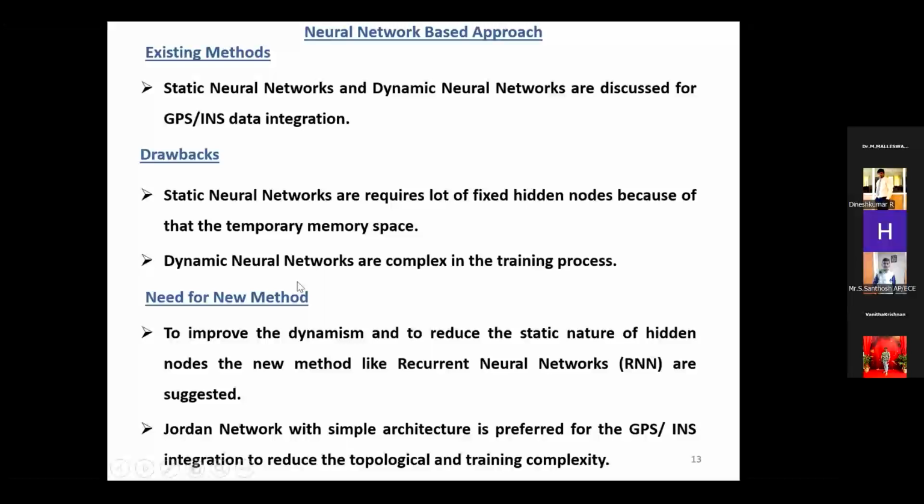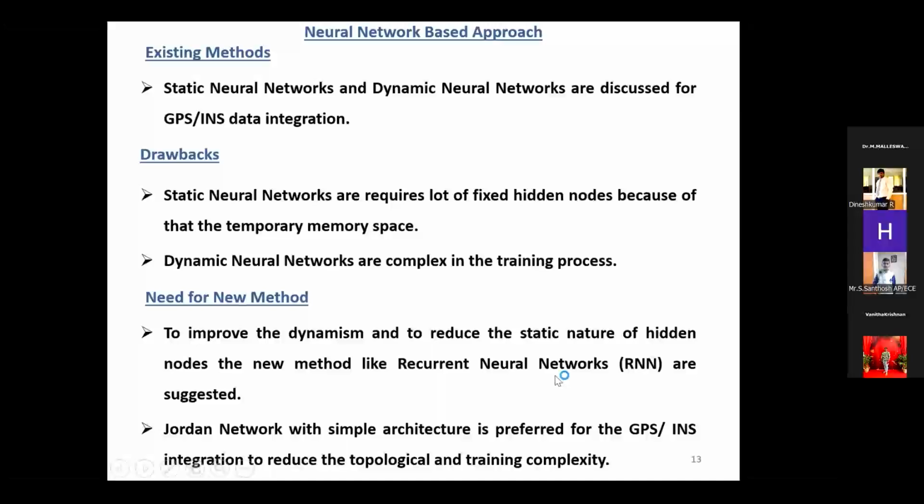So we need a new method which will complement both these static networks and dynamic networks. The new method brings dynamism to reduce the static nature of hidden nodes. The new methods we need are feedback based neural networks, called recurrent neural networks, right?